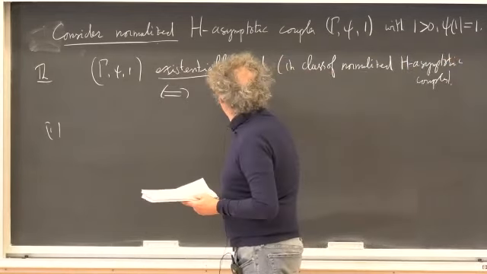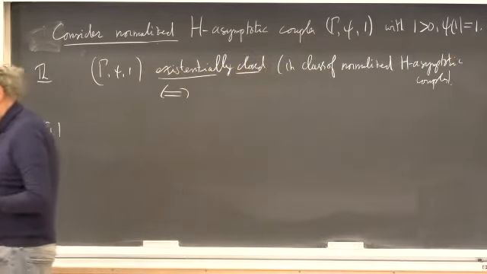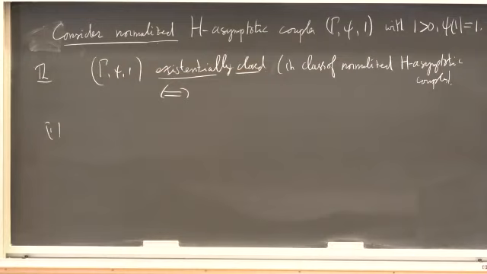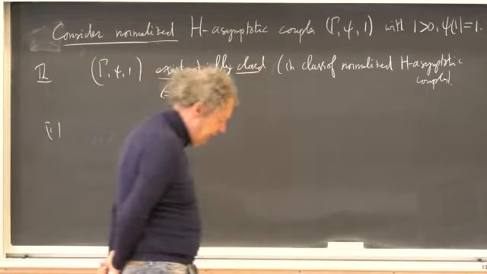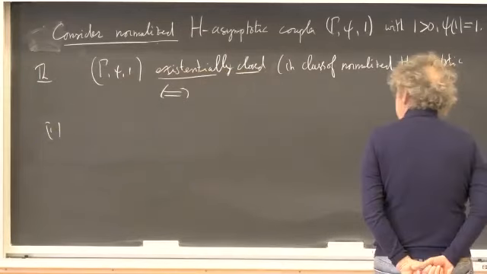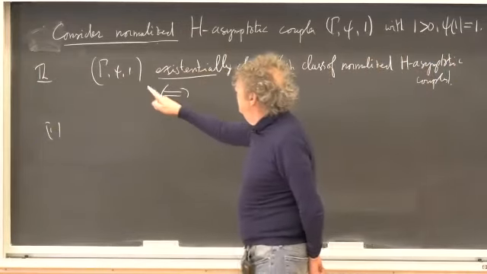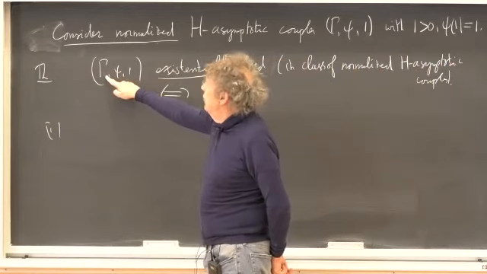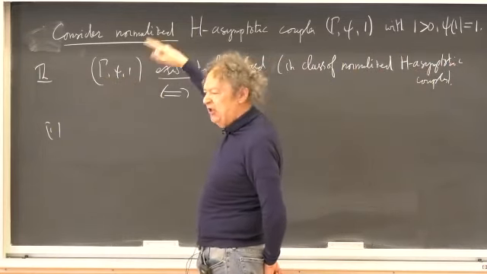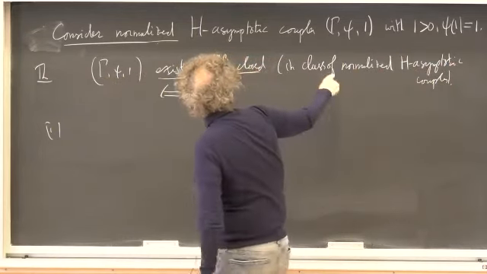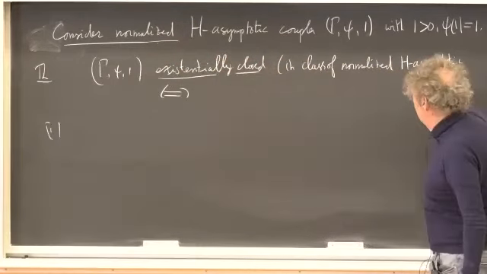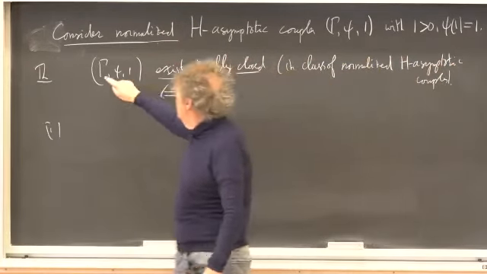Yeah, okay, so here I'm using this notion that I'm not sure everyone is familiar with, but it means that every existential sentence with parameters from gamma, which is true in some extension, in some normalized asymptotic couple that extends this, is already true here.